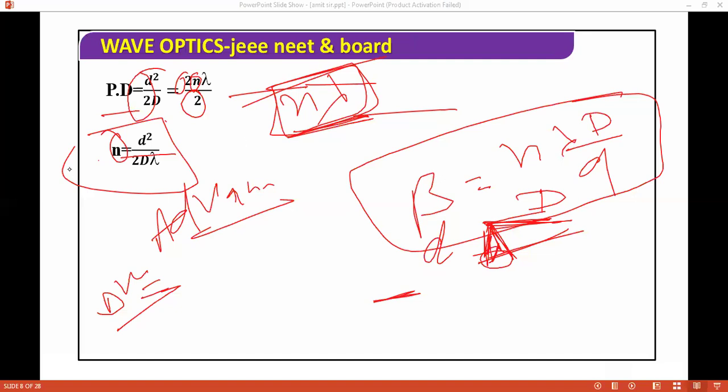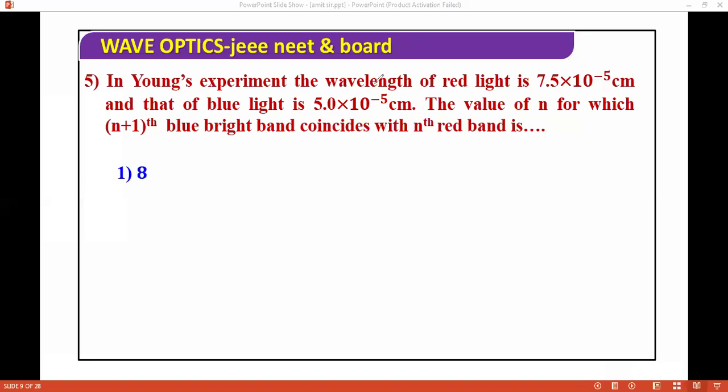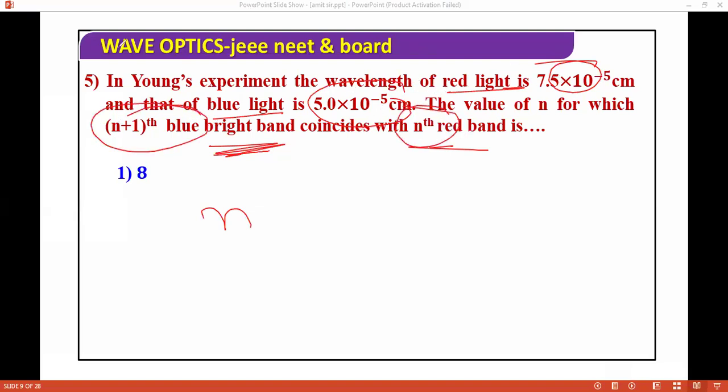In this question, the wavelength of red light is this many centimeters and that of blue light is this many centimeters. Find the value of n for which the (n+1)th blue bright fringe coincides with the nth red bright fringe. The question is talking about the nth bright fringe of one coinciding with the (n+1)th bright fringe of the other, so both positions will be equal.